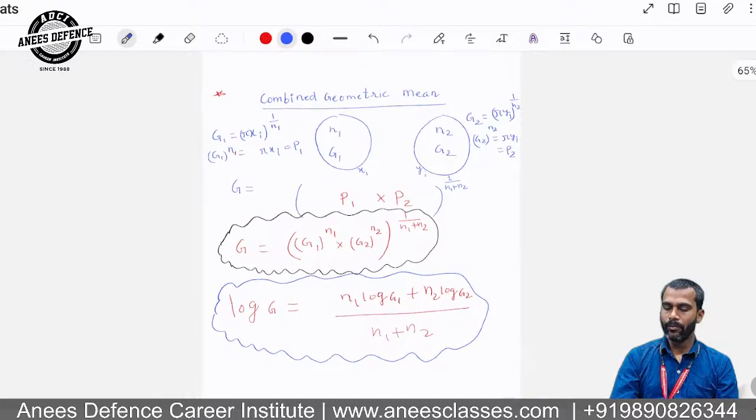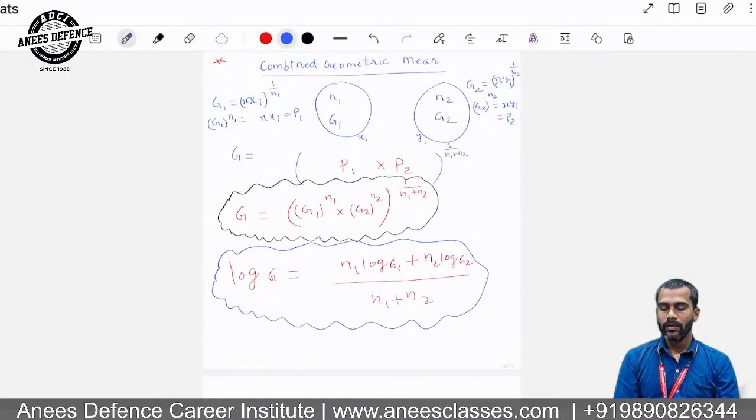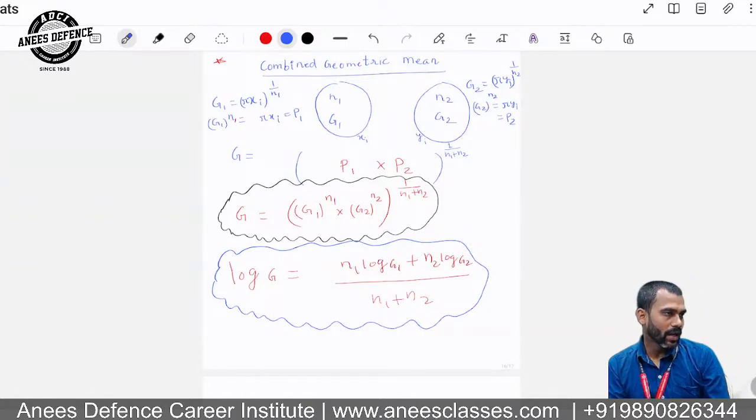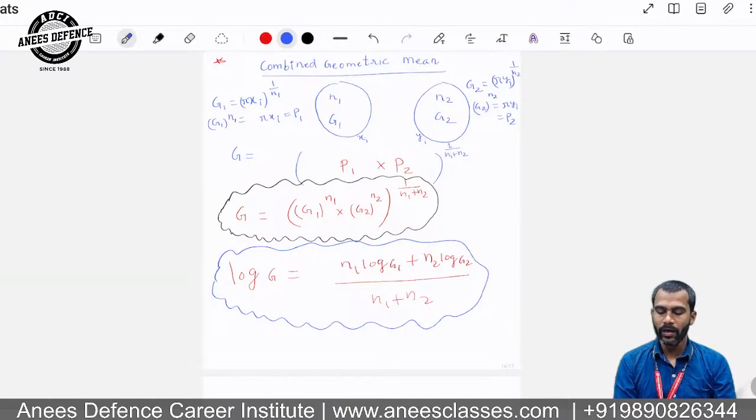These are the important formulas that you need to remember. Can I generalize this? Suppose k groups are there. The number of observations are n1, n2, n3 up to nk, and the respective geometric means are g1, g2 up to gk.